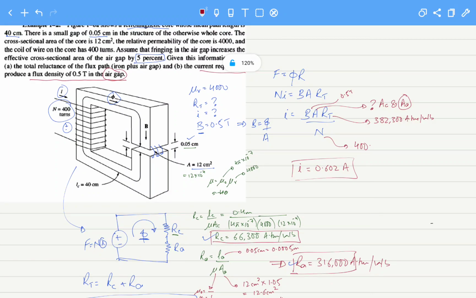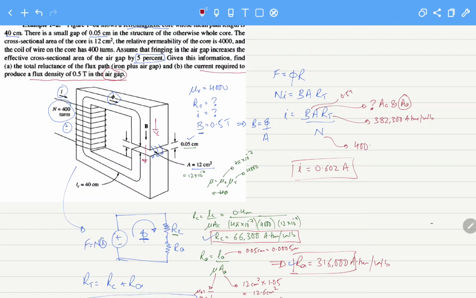And one important thing I would like to add is that the flux remains the same through the core as well as the air gap. The same number of flux lines, magnetic lines, will be flowing through the core and also through the air gap. What changes is the flux density because the cross-sectional area is changing.